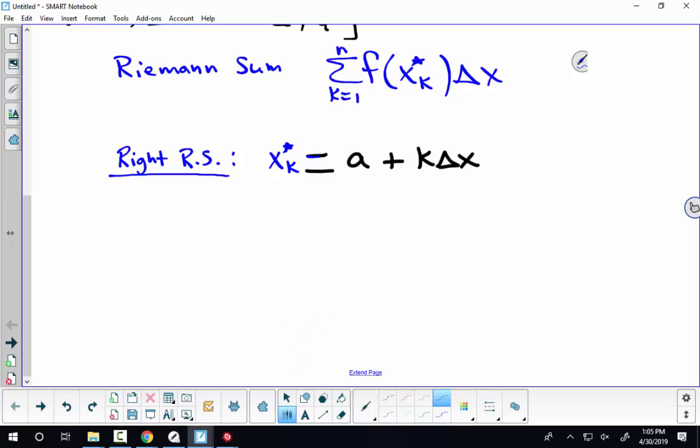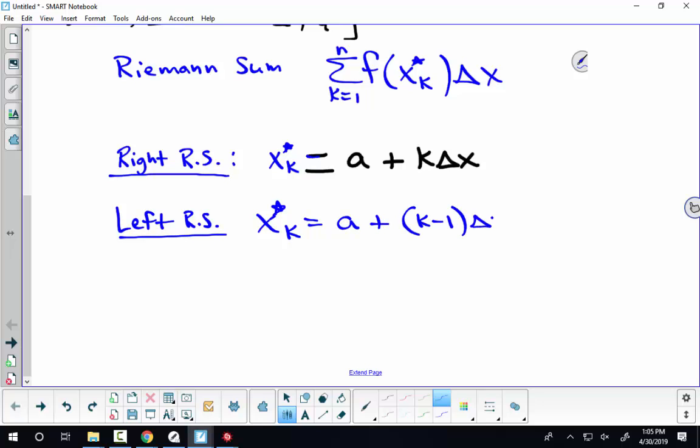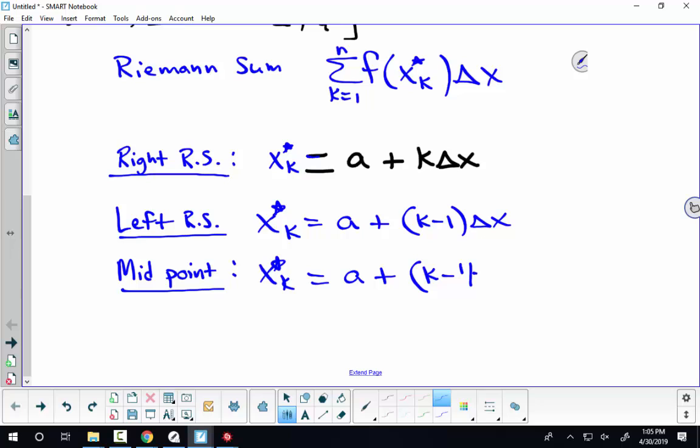For the left Riemann sum, x star sub k is a plus the quantity k minus 1 times delta x. And for the midpoint Riemann sum, x star sub k is a plus the quantity k minus 1/2 times delta x.